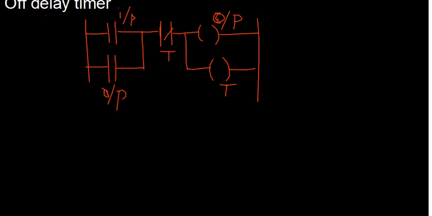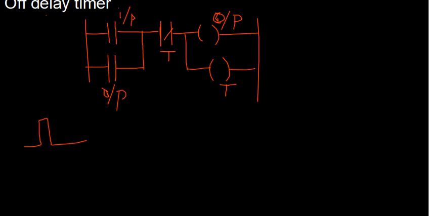So what exactly happens here? Let us say that your input is momentarily closed. That is quite understandable by virtue of the parallel contact with respect to the output which appears across the input, right? Whenever you use a momentary pulse or a push button switch kind of thing as input, your output gets activated the moment you press the input.